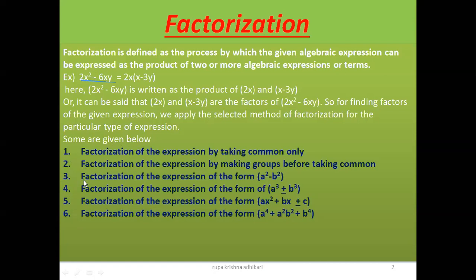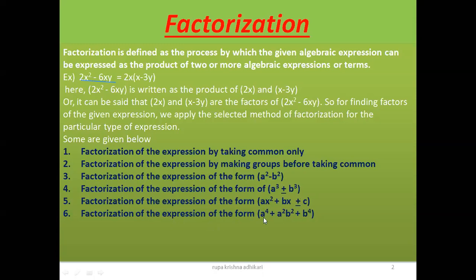Third one, factorization of the expression of the form a square minus b square. These formulas you have already learned in class 8. Fourth, factorization of the expression of the form a cube plus or minus b cube, meaning a cube plus b cube or a cube minus b cube. Similarly, fifth type, factorization of the expression of the form ax square plus bx plus or minus c.